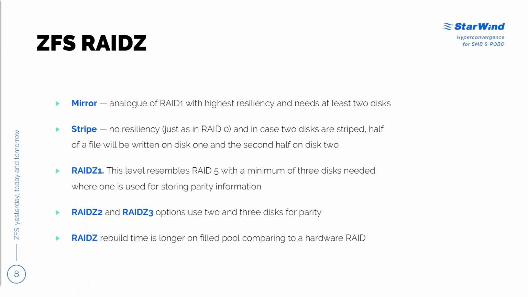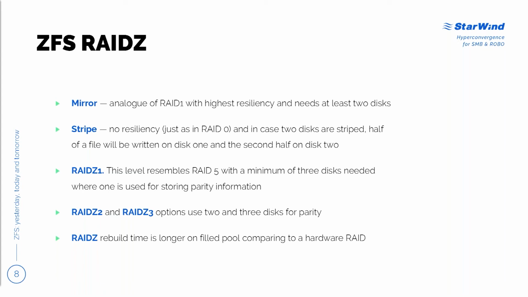In case 2 disks are striped, half of the file will be written on disk 1 and the second half on disk 2. This of course provides maximum speed for read and write operations. And RAIDZ, basically RAIDZ1, resembles RAID 5 with a minimum of 3 disks needed, where 1 is used for storing parity, of course not a dedicated drive, and apparently 1 disk can fail, leaving the data safe.